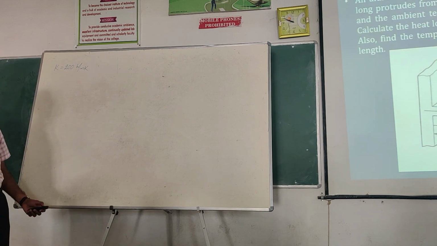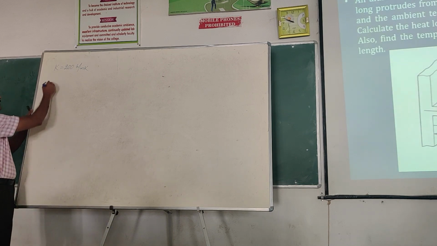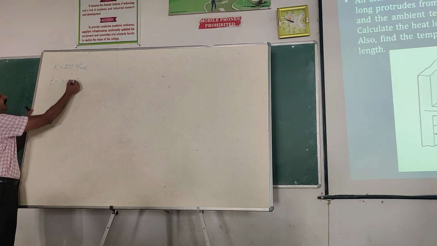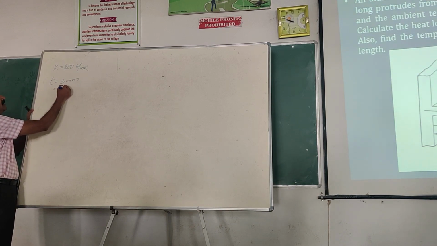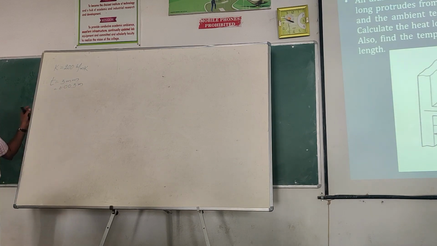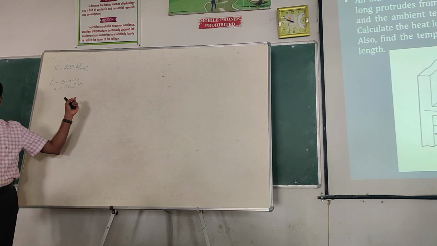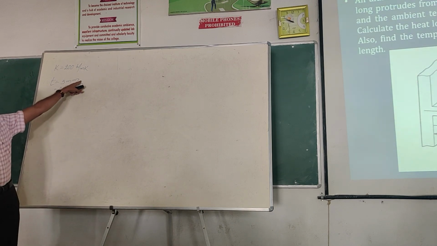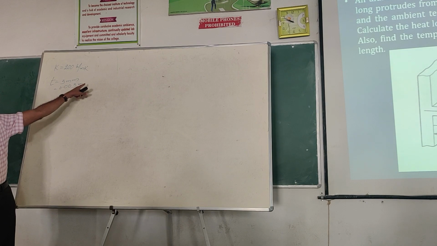Thickness t is 3 mm, or this is 0.003 meters. I told you why it's important for you to convert into the standard units. It may be centimeters or millimeters or kilometers.